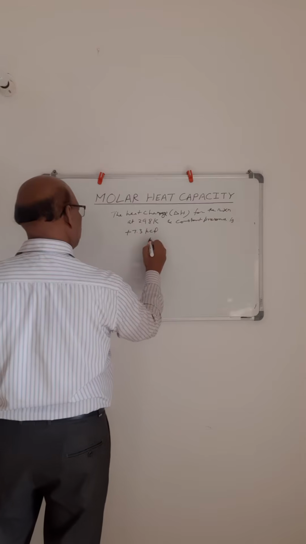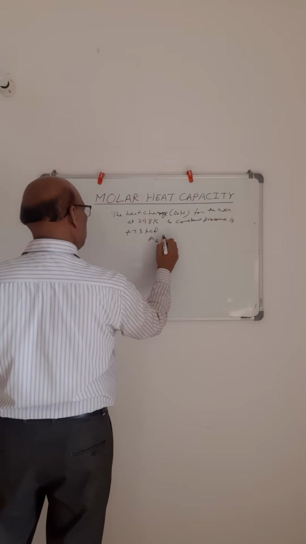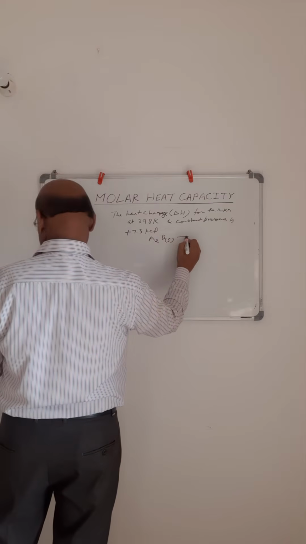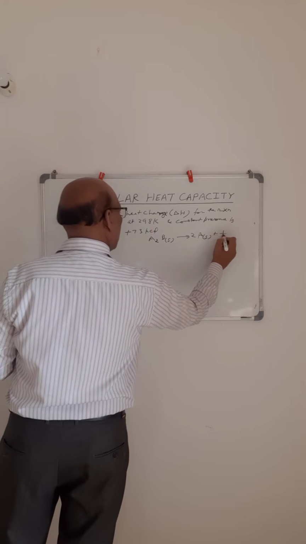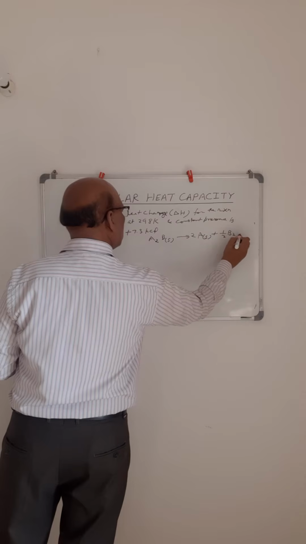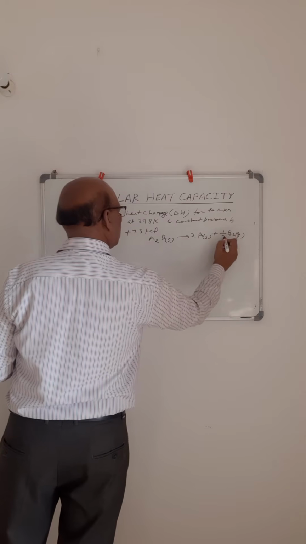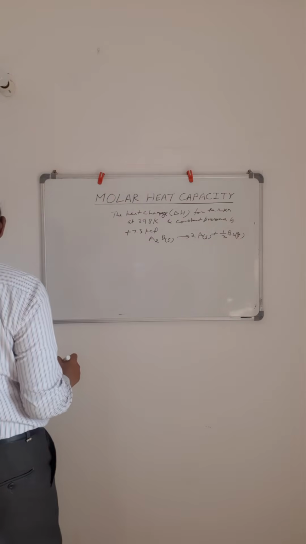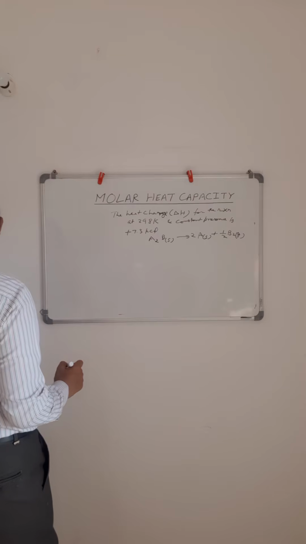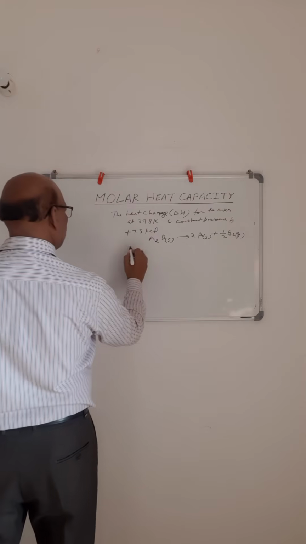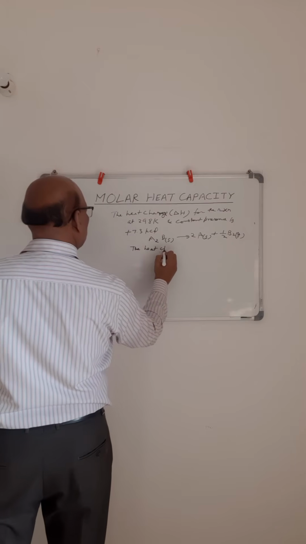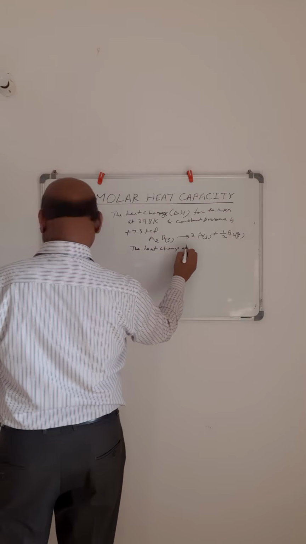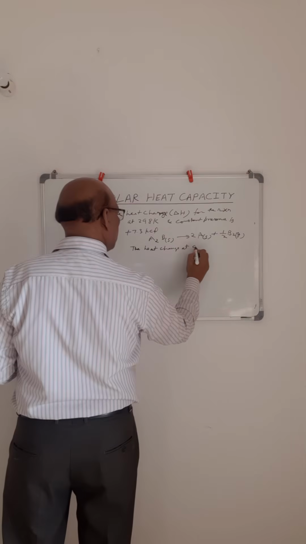Okay, and the reaction given is A2B solid gives 2A solid plus half B2 gas. So this is the reaction which is given to us, and what we have to find out is the heat change at constant volume.